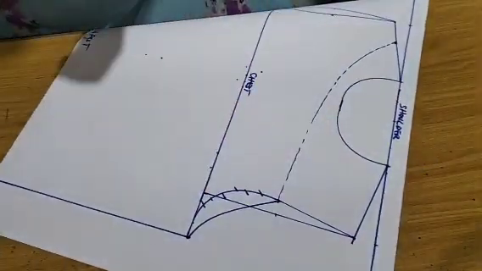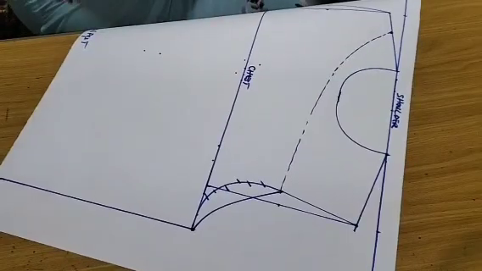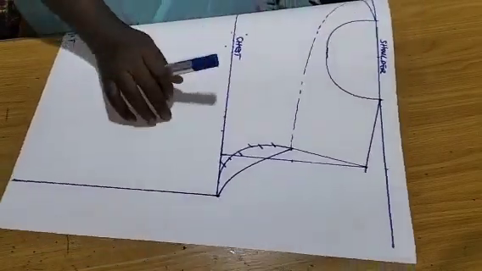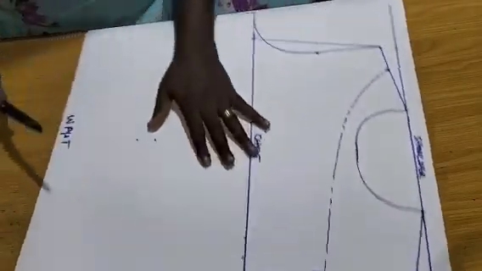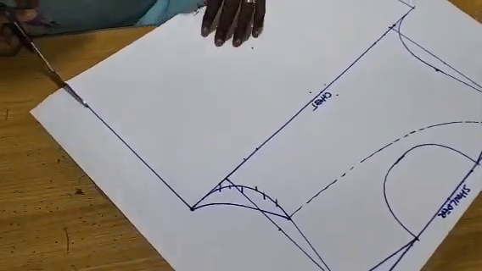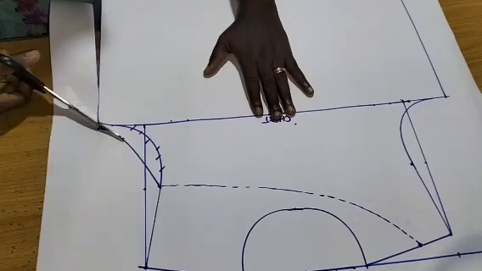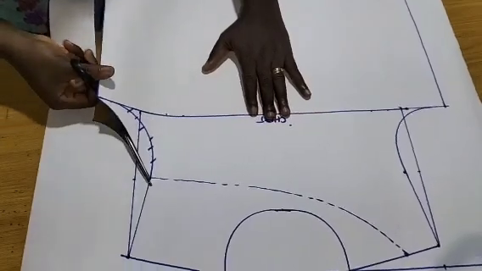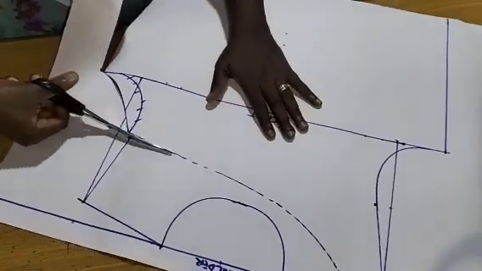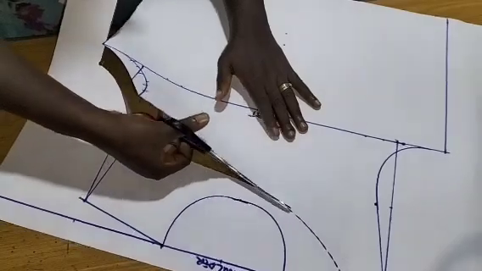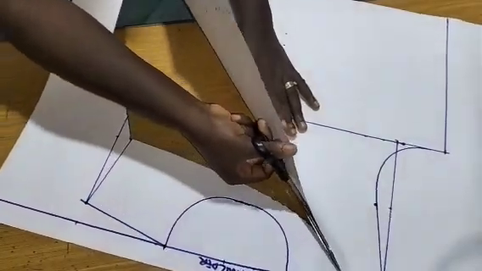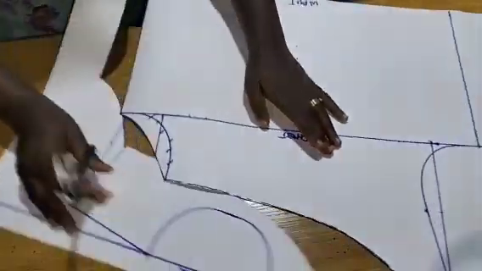So I'm going to cut out what I have on this pattern, and that is exactly what we are going to use to cut out this dress. It's actually a very simple dress anyway, but you are going to see how we are going to achieve this using this pattern I'm going to cut out right now.